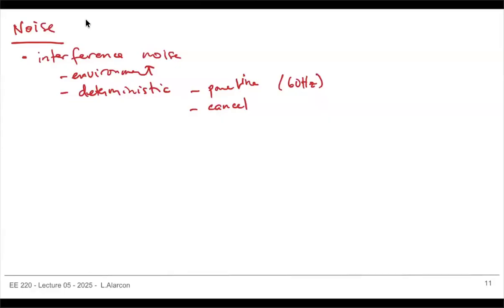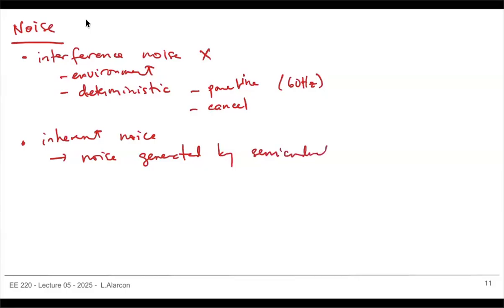And this is not what we want to look at in the course. What we want to look at, and this is where you, as a designer, spend a lot of time, is inherent noise. This is the noise generated by our devices, or devices in general.